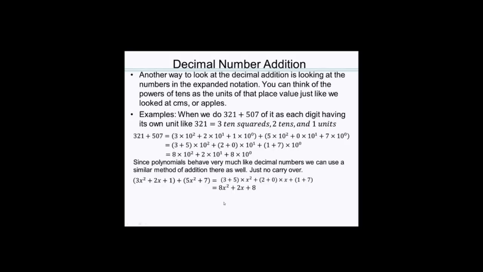The reason this addition symbol has to stay there and we can't just say 828 is because x squared is a different unit than an x, and x to the 0 power or singleton is a different unit than x. So we have three quantities here with different units, and that's why they have to stay as they are, as separate quantities with the addition sign in between.